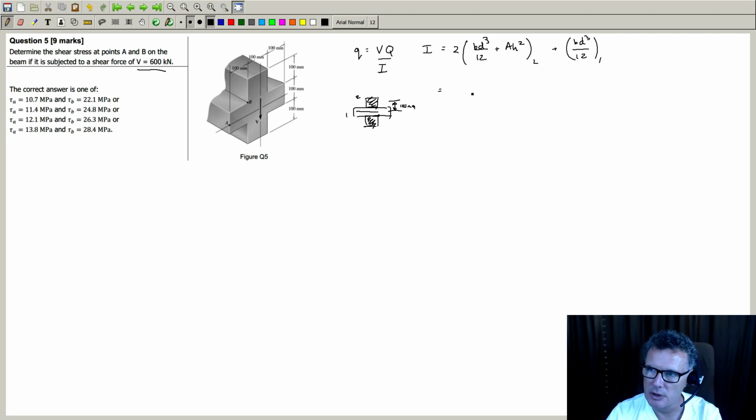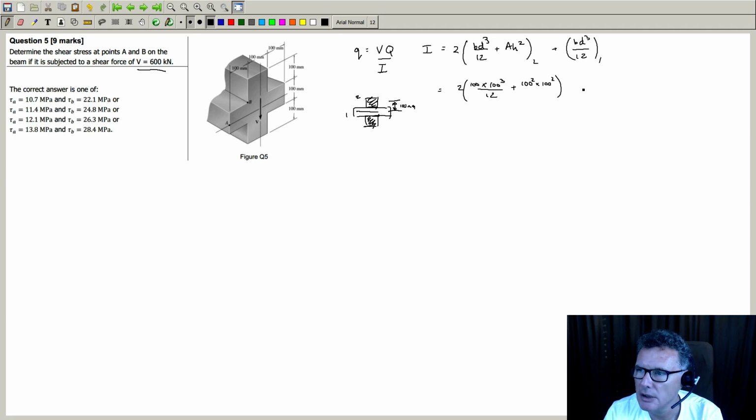So I want to put those numbers in. So you're going to have 2. You could do this in millimeters, to be sensible. 100 times by 100 to the power 3 over 12 plus area, which will be 100 squared, times by h squared, which will be another 100, so lots of hundreds squared.